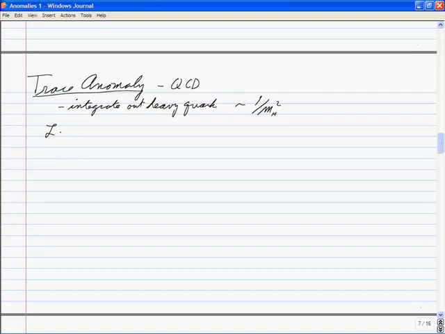So the Lagrangian is minus a quarter F squared plus psi bar i D slash psi minus psi bar m psi. Okay.